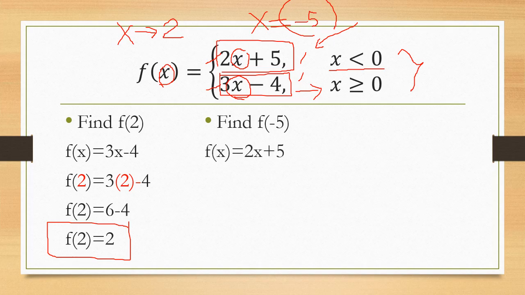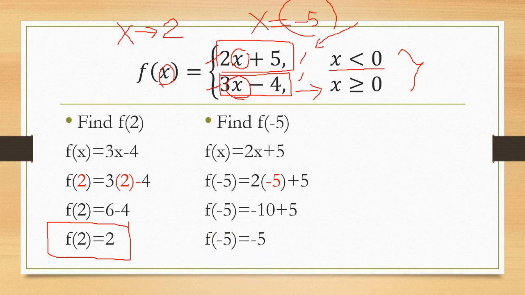So, that's our function. Then, replace. Yan, yung x naging negative 5. Then, multiply. 2 times negative 5 is negative 10. Then, bring down or copy plus 5. Then, proceed with addition. So, negative 10 plus 5 is negative 5. So, that is our answer.